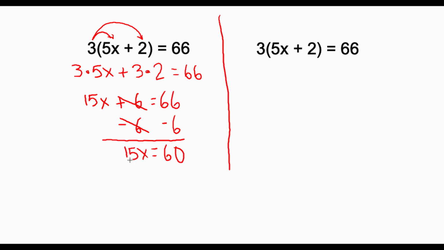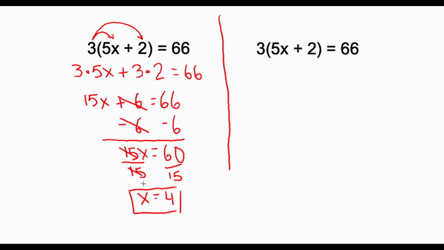And now, to get rid of the 15, the coefficient of x, remember they are multiplying, so the opposite of multiplication is division. So I'm going to divide both sides by 15. On one side, 15 divided by 15 gives us a whole, so 1 times x, or simply just x, equal to 60 divided by 15 will give us the answer, which is 4.